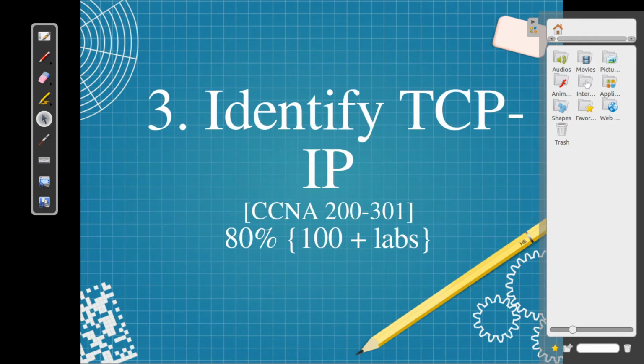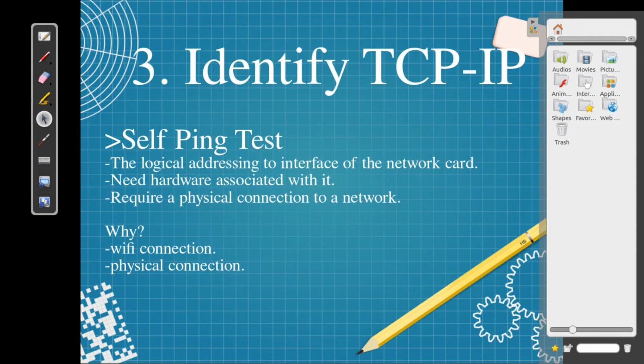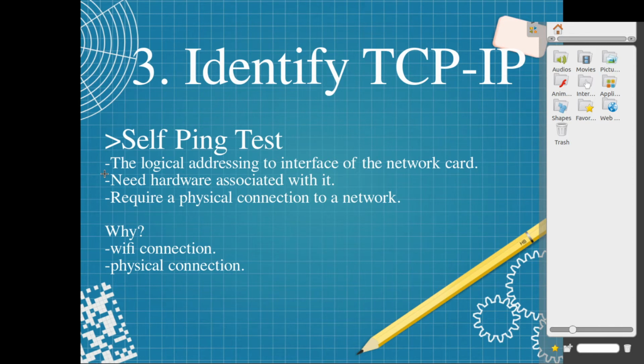Okay, so next we have the self-ping test. What is the self-ping test? First of all, understand the address we use, the logical address. What is a logical address? That's nothing but my IP address, and MAC is the physical address.